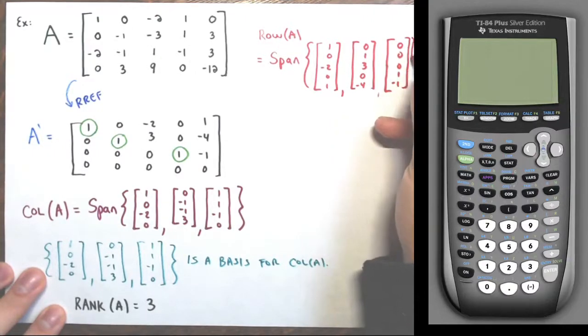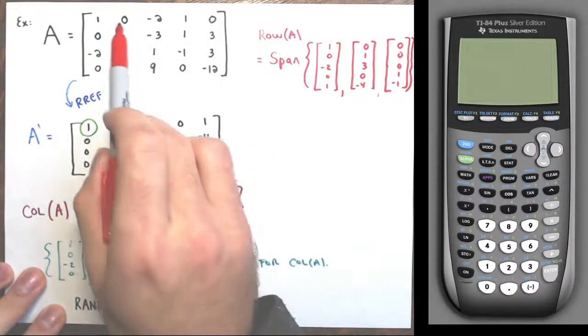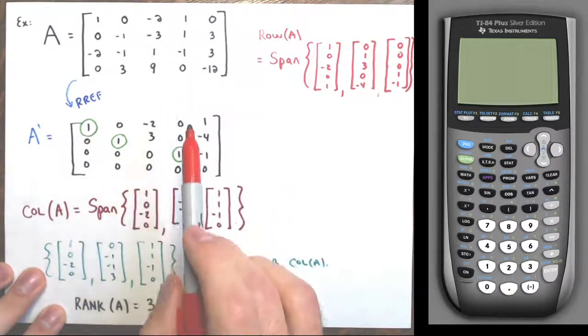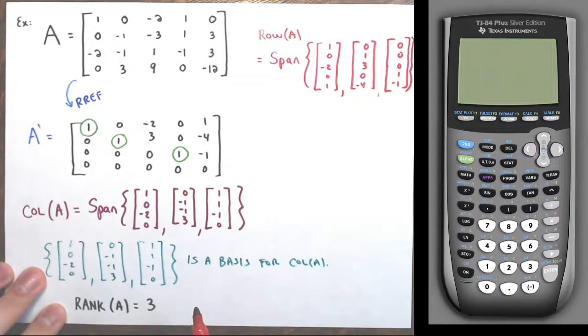So every linear combination of these four rows can be written as a linear combination of these 3 pivot rows. And again, it's fine to keep these. Okay, and then that set, of course, forms a basis.